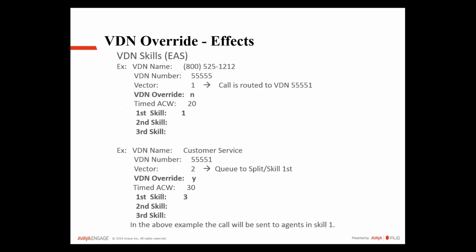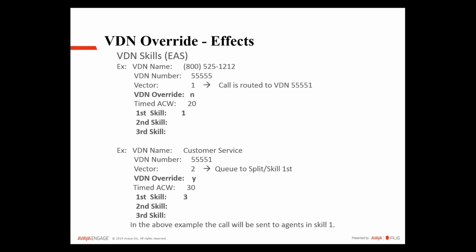One last example is also skills. So again, like we said, hey, can I override you? No. So the skill that the call is going to queue to here is skill number 1, not skill number 3.